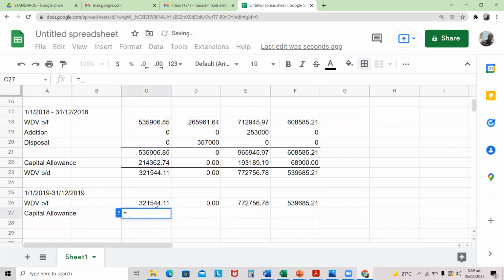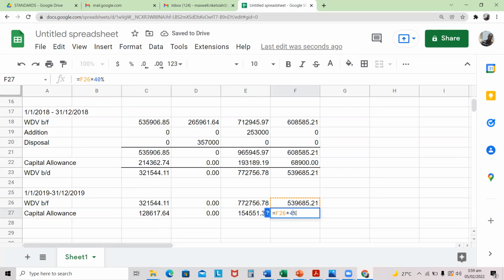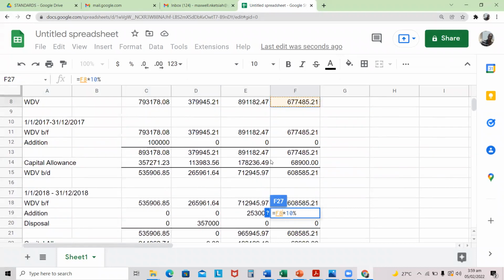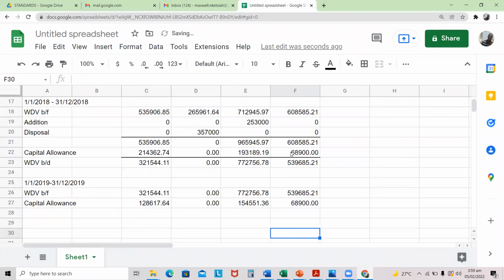So this is 40%. I put your 40% here. And this is 20%. This is 10% on the original, so go to the original. Class 5 is on straight line. So written down value brought down.